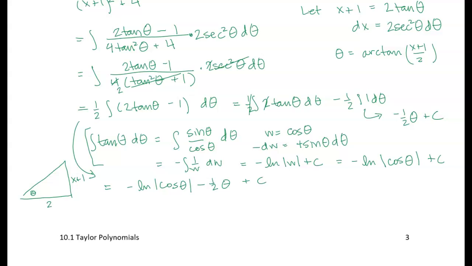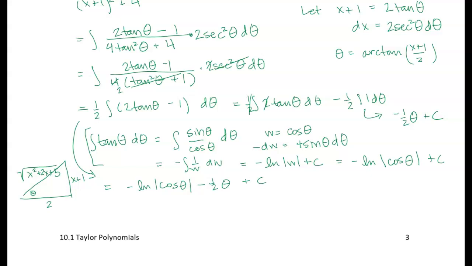Okay. So then if I combine those, if I use the Pythagorean theorem, I'm going to get x plus 1 squared plus 2 squared. If I combine that, again, I end up with x squared plus 2x plus 5. So that's my hypotenuse. And then the cosine is just going to be 2 over the square root of x squared plus 2x plus 5.